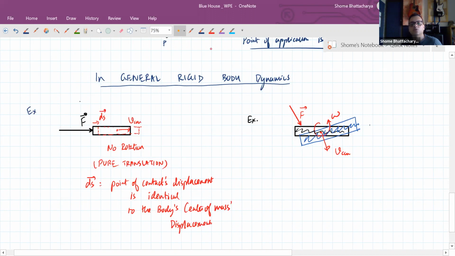Okay. But when rotation is involved, now in this example, you can see that the point of contact is having a different kind of displacement compared to the center of mass.